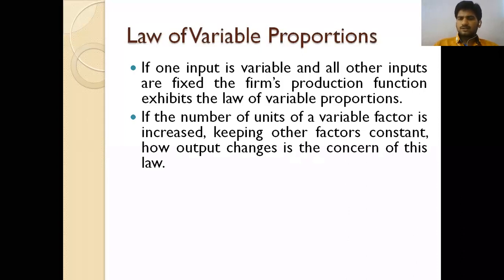So the law is nothing but testing in a different manner. The inputs are fixed, one input is changed, and the output is increased based upon the variable factor we increase. So here also we can consider some laws.